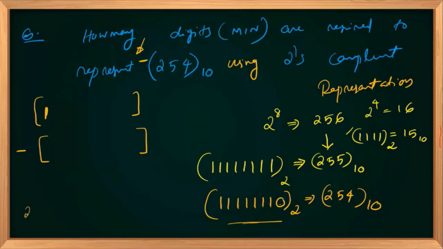So 2 power 7 plus 2 power 6 plus 2 power 5 plus 2 power 4 plus 2 power 3 plus 2 power 2 plus 2 power 1, right? 2 power 1 is 2, this is 4, this is 8, this is 16, this is 32, then this is 64, and this is 128.